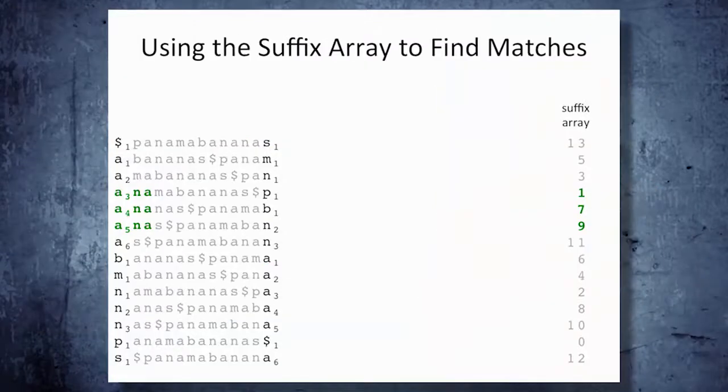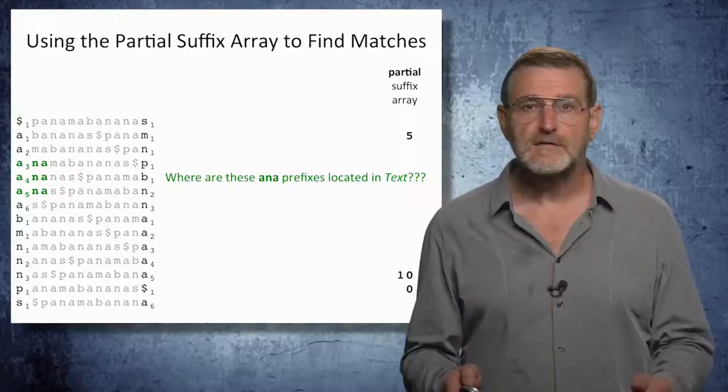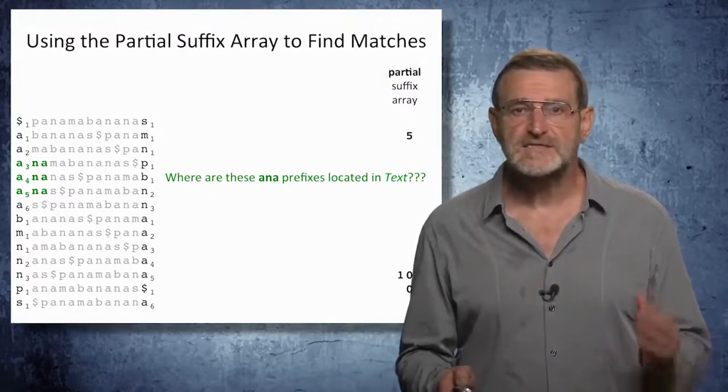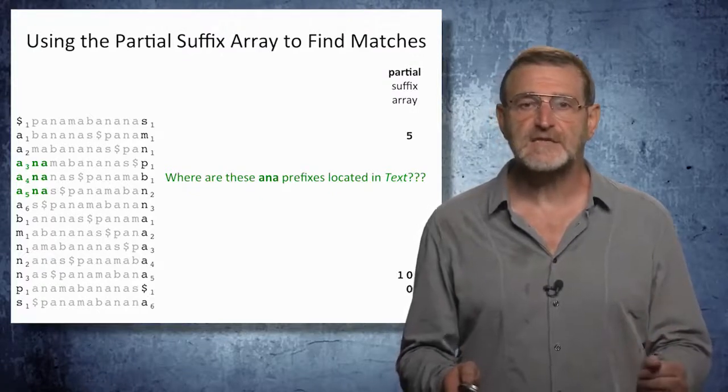Let me show you how to use the partial suffix array to find the positions of matches. When we have the complete suffix array, it is trivial. We simply look up the corresponding elements in the suffix array. But what do we do when we only have a partial suffix array? Where do these occurrences appear in the text?